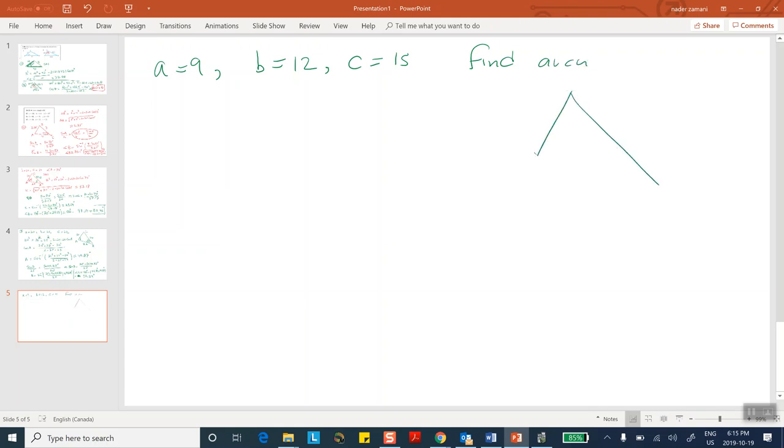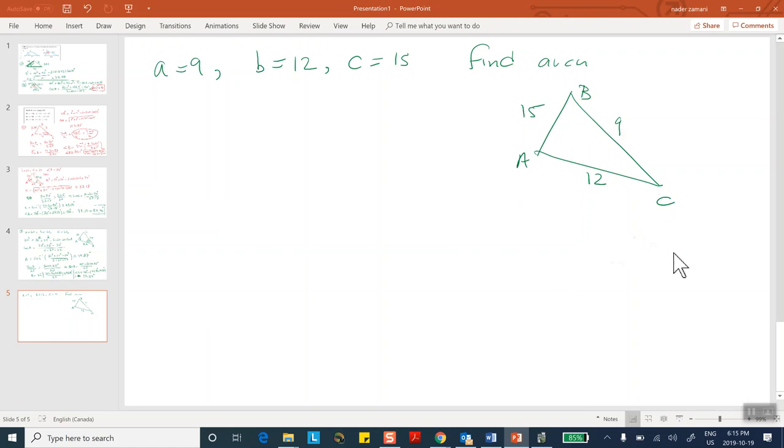So here's a situation. Let me draw this for you. So there is A, B, C. This is 9. B is 12. And C is 15. Of course, this is not drawn to scale. It is better if you draw it to scale so that the sides make sense. Obviously, 15 must be longer than 9 or 12, but that's okay.